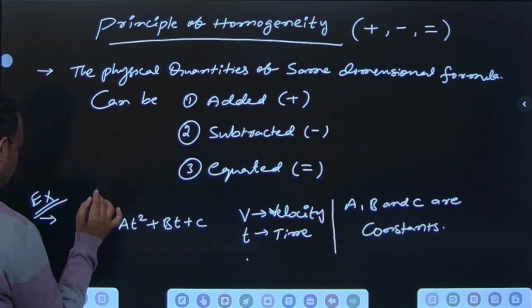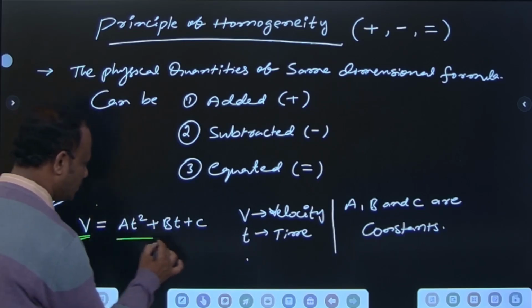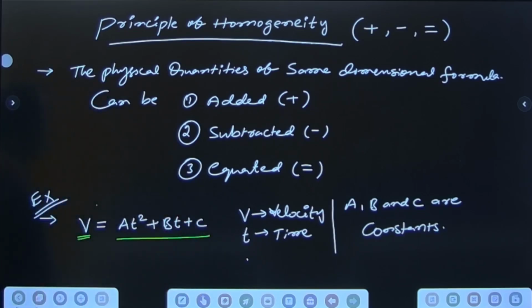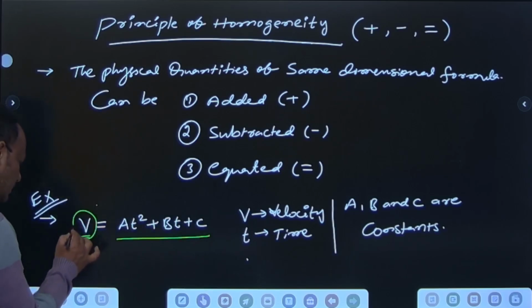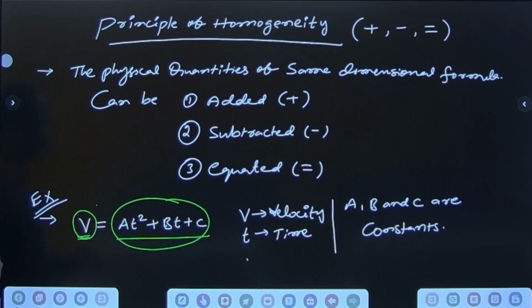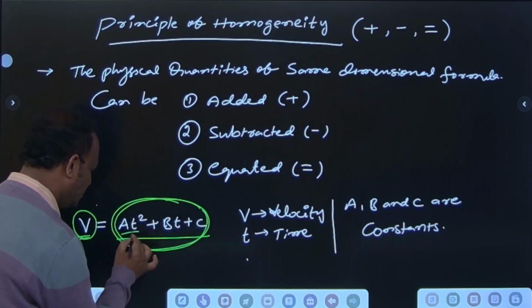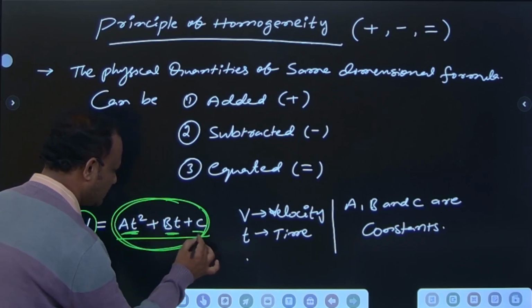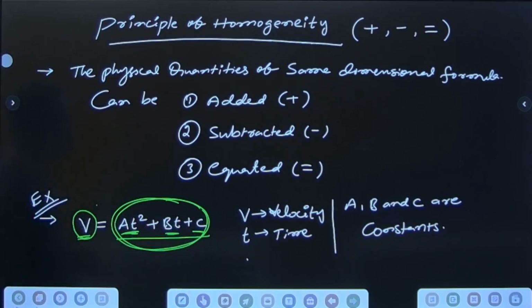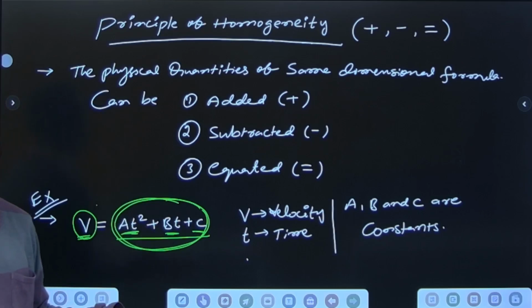Velocity is equated to velocity only. The total is velocity, which means the individual terms are velocities. The left hand side is velocity, and the right hand side total is also velocity.